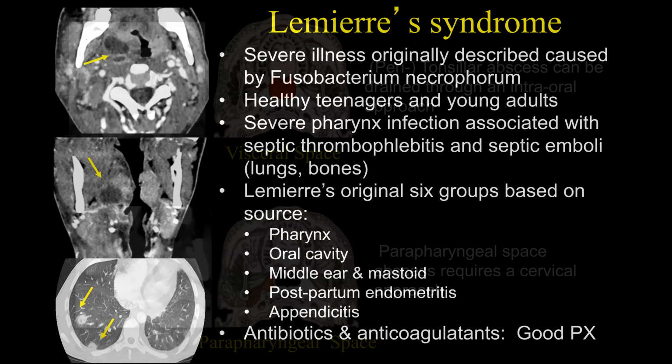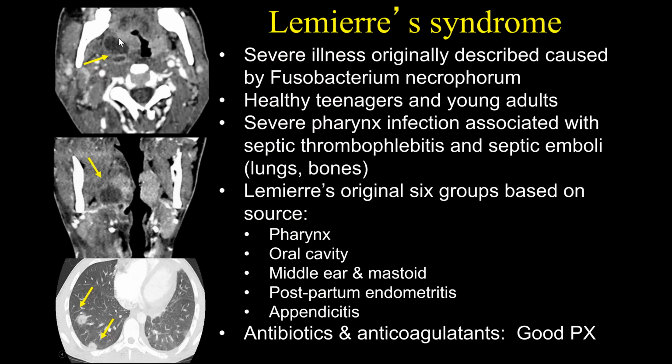Now, one of the complications of having a peritonsillar or tonsillar abscess is development of Lemierre's syndrome. Lemierre's syndrome is a severe illness that was initially described as caused by Fusobacterium necrophorum, and this was described many years ago by Lemierre. Now, Lemierre's original 6 groups were based on the source, and one of the sources was the pharynx.